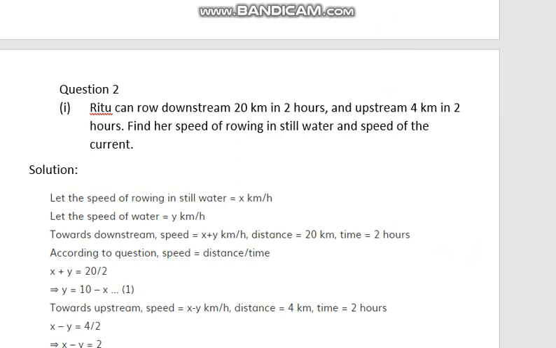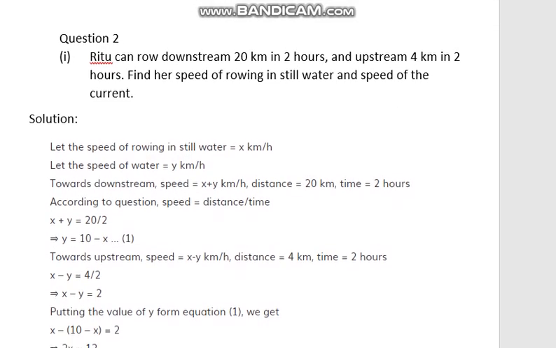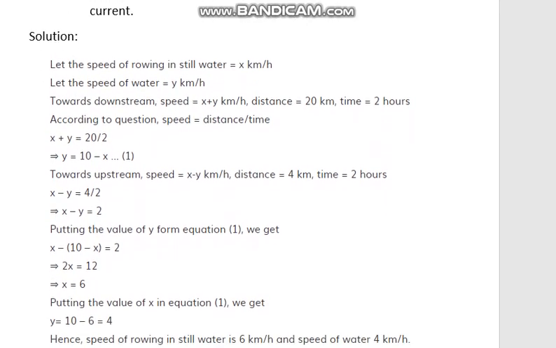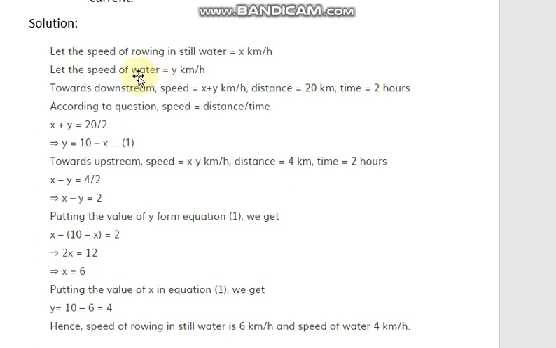Let the speed of Ritu's rowing in still water be x kilometer per hour and the speed of water be y kilometer per hour. So these are our assumptions. Now towards the downstream, the speed will be x plus y. Ritu's rowing speed will be added to the speed of water. So that will be x plus y kilometer per hour.